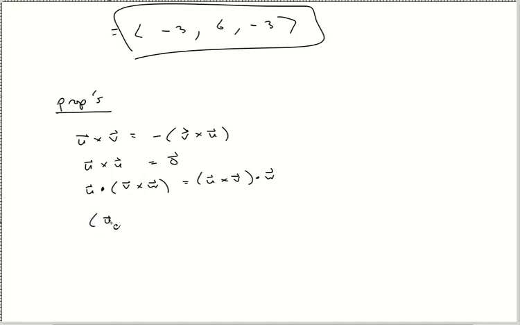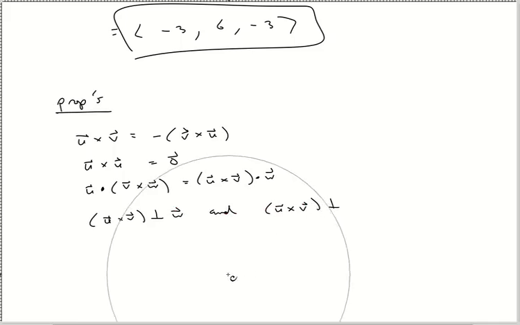Okay. u cross v perpendicular to w and u cross v perpendicular... Why did I have a v there? Oh, never mind. I wrote it wrong. Sorry, back up. u cross v is perpendicular to u, and that's the worst little u in the whole wide world.